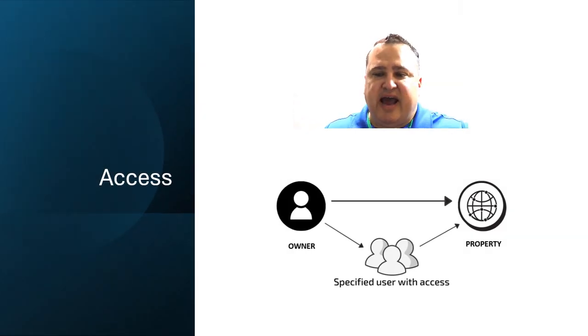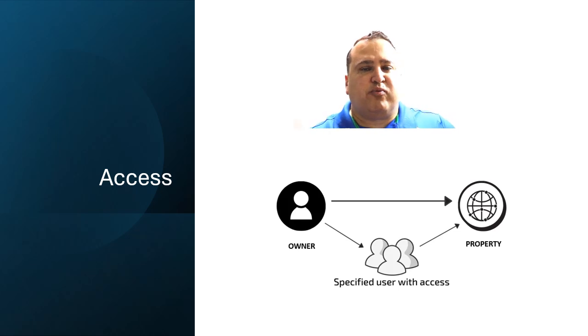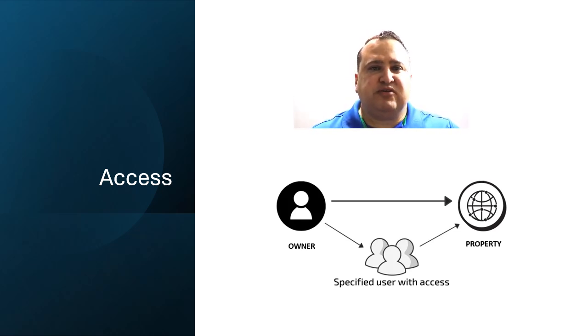So we're talking about access, right? Who do you want on your property? Do you want your property to be closed off? I have different types of property that I own. Some are closed off and access is limited, for instance a home, to family members or visitors.